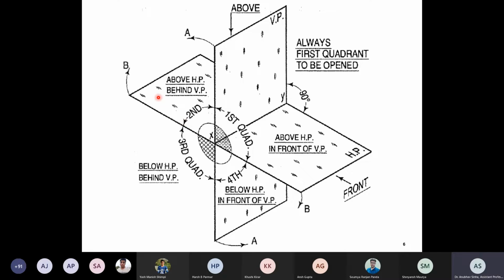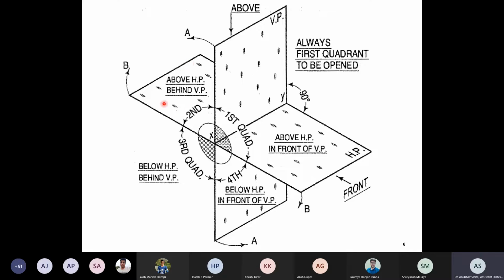Now this is a different view, just to make it more clear. This is your vertical plane and horizontal plane. It divides your space into 4 quadrants. One is the first quadrant, which is above HP and in front of VP.